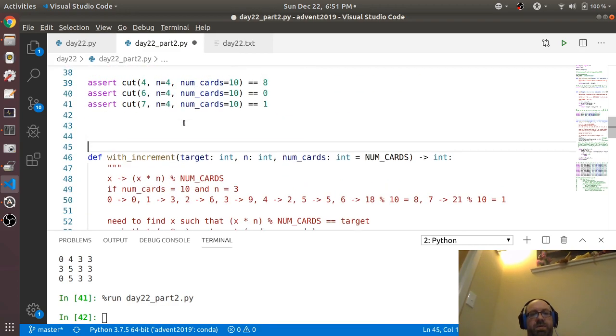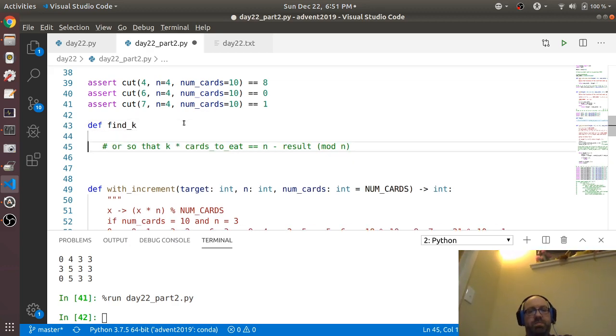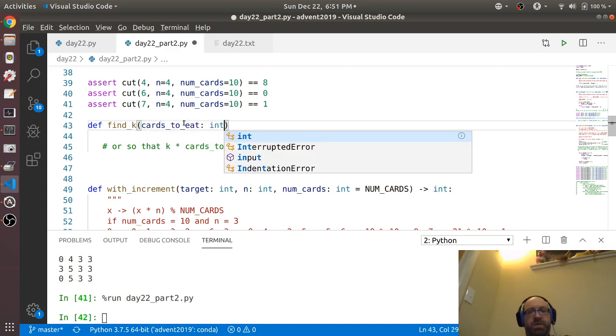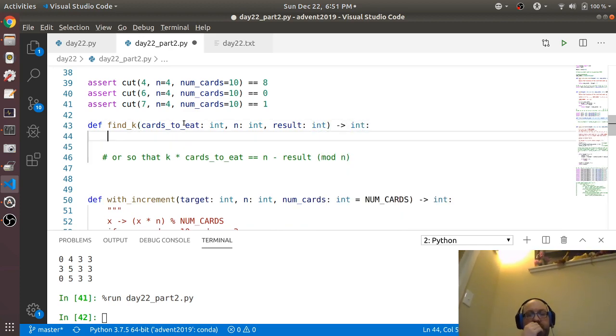So let me do this. Def find k, cards to eat, which is an int, n, which is an int, result, which is an int, and it's going to return an int.